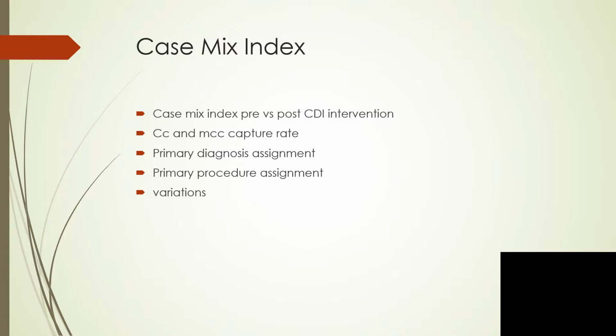Another thing that you might want to look at are the number and percentages of admissions that you're able to review. So when I came to the facility that I'm at, they said CDI is only looking at 60% of the admissions.